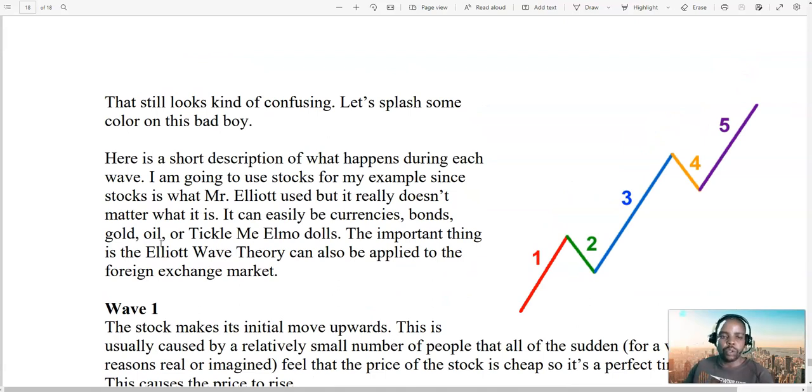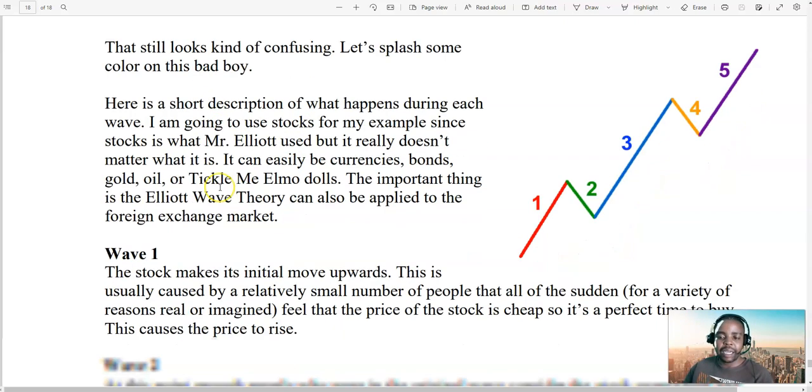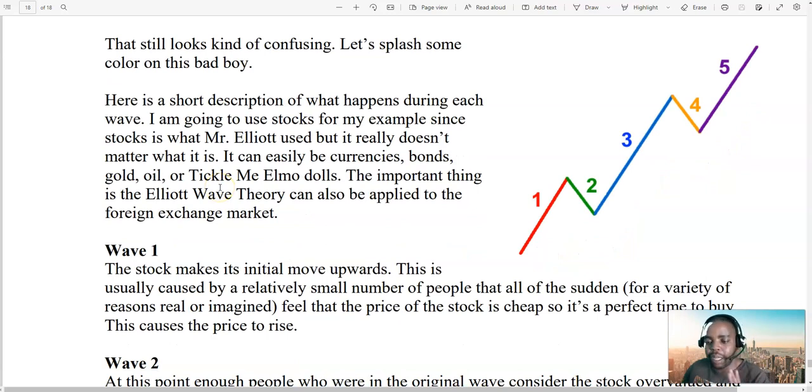I am going to use stocks for many examples. You can use Elliott wave theory on stocks, crypto, and the Forex market. Quite relevant throughout all the markets. As I always explain, most of the lectures that we take out here are relevant for all the markets that you may trade: stocks, crypto, even Forex.